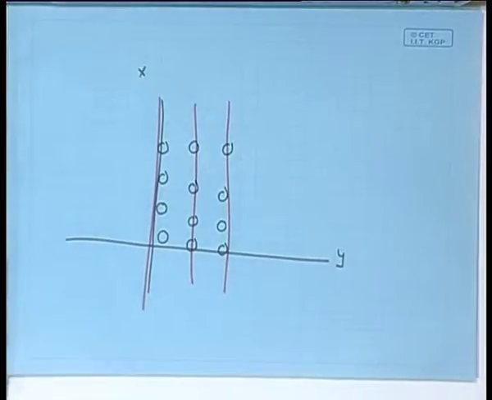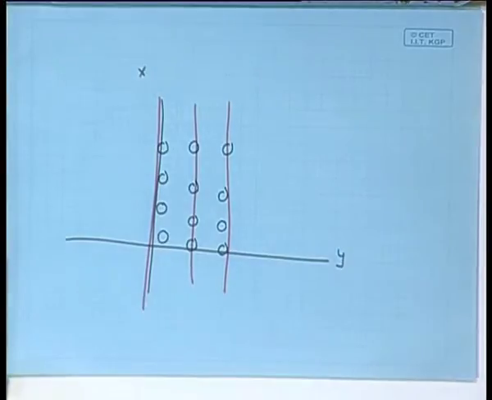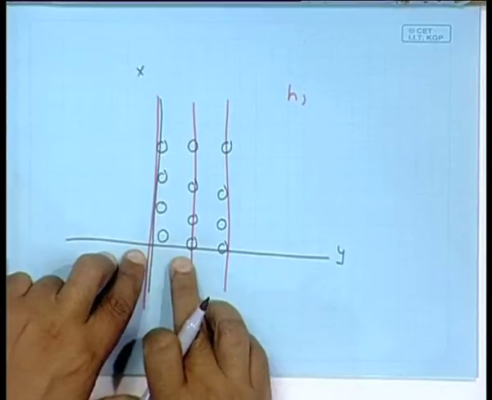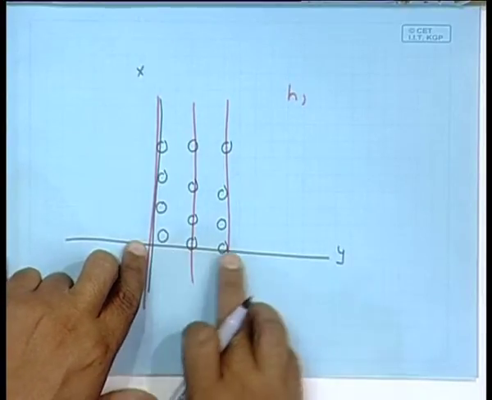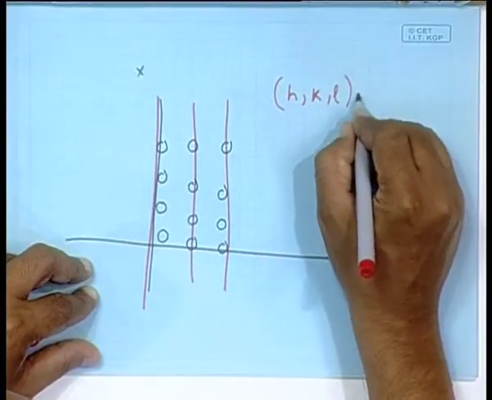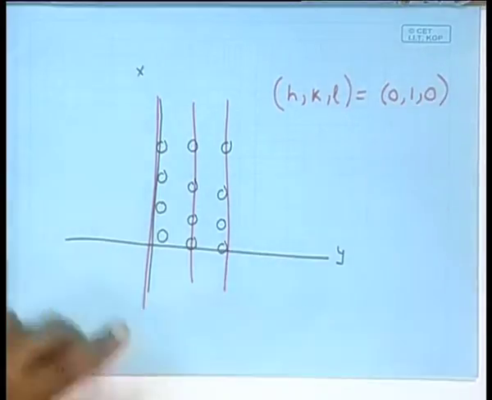These planes never intersect the x axis or the z axis, but they intersect the y axis, and the separation between these intersections is 1. So, h, k, l have values 0, 1, 0 for these planes.